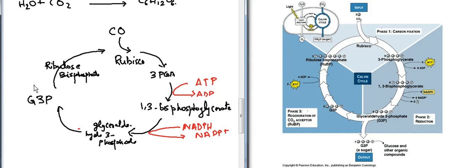Okay, finally this ribulose again combines with CO2. So simply we can say to form a carbohydrate, this cycle will go on 6 times.